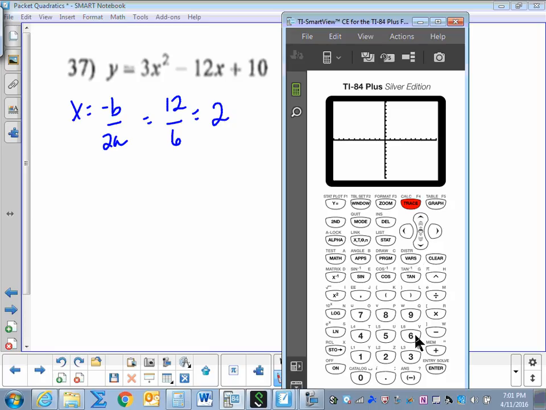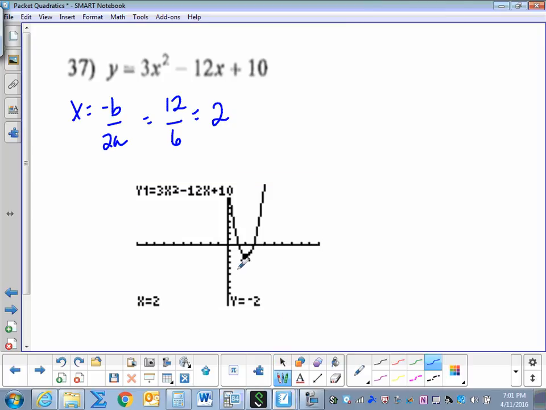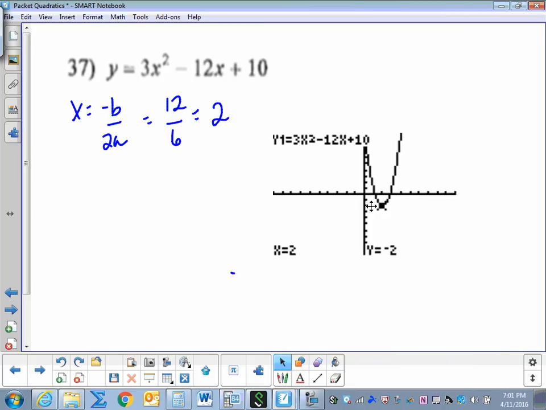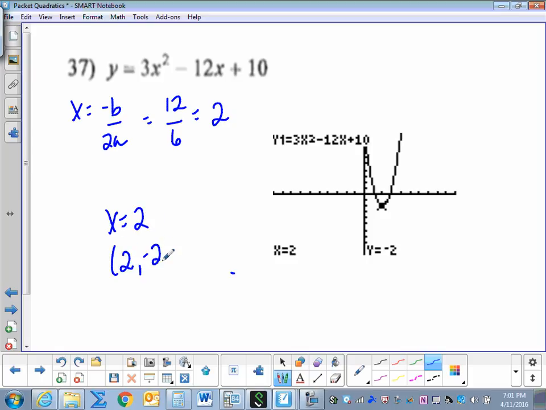Going to hit trace. We're going to hit 2. So our axis of symmetry is x equals 2, and our vertex is 2, negative 2.